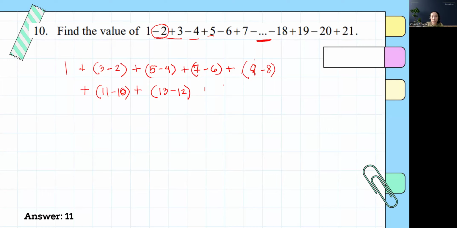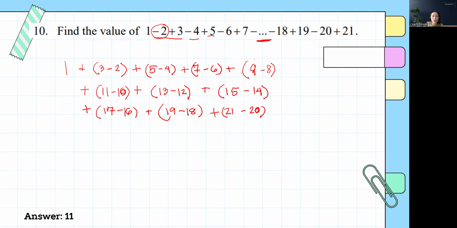Plus 15 minus 14, plus 17 minus 16, plus 19 minus 18. All right. We know we're on the right track because we still have the same signs for 19 and 18. All right. Plus 21 minus 20.